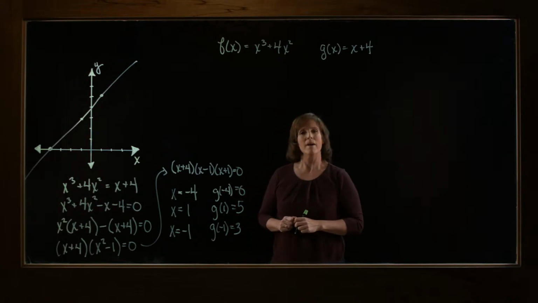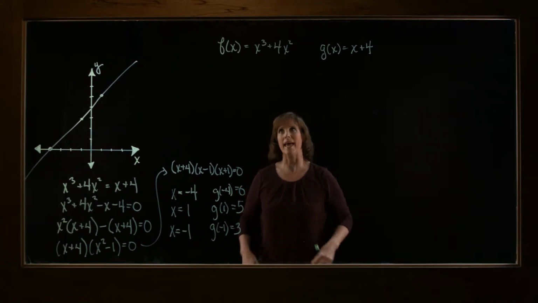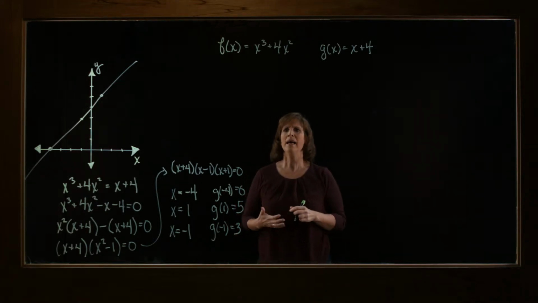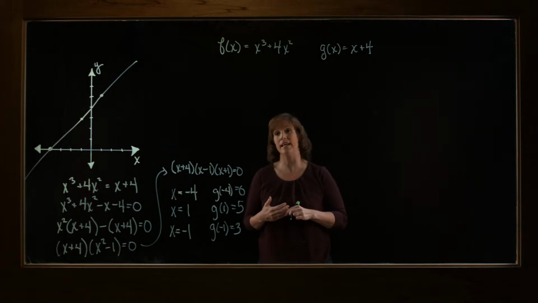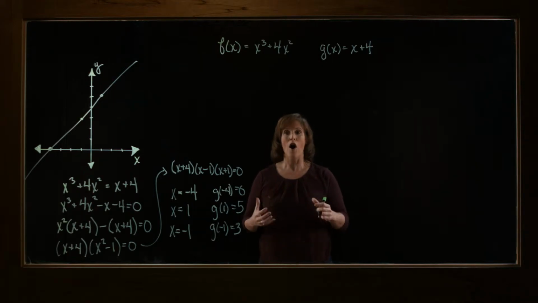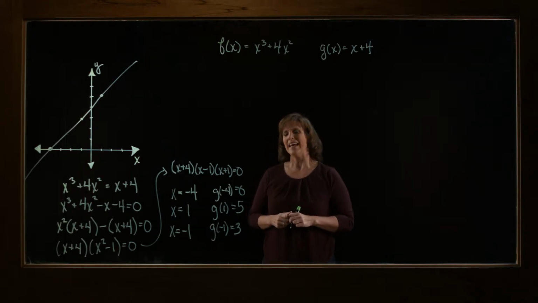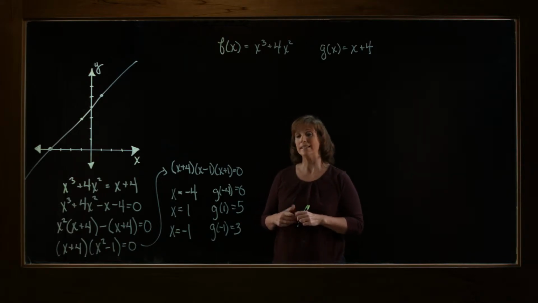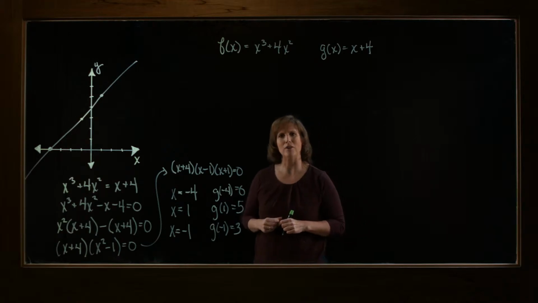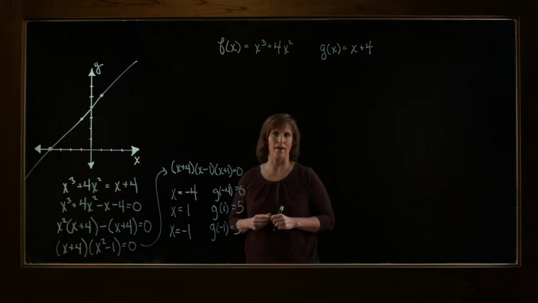All right, now my function f of x is a little more complicated. It's a cubic. Now, if you want to, you can use your calculus techniques to find when it's increasing, decreasing, concave up, concave down, all of that important information. In this particular problem, though, I would really like to get to the heart of the problem. So instead of going through all that, I'm just going to use some algebra to get a rough idea of the graph.